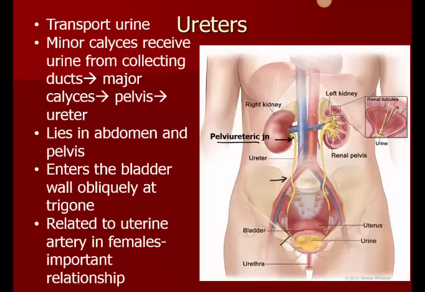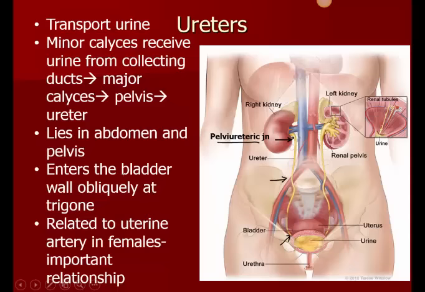And the third is where it passes into the urinary bladder in an oblique manner. This is important because if someone has a stone, it could get obstructed in these areas. The ureter is very muscular and extremely narrow, but these are even narrower regions, so it can get obstructed and cause backup of urine.